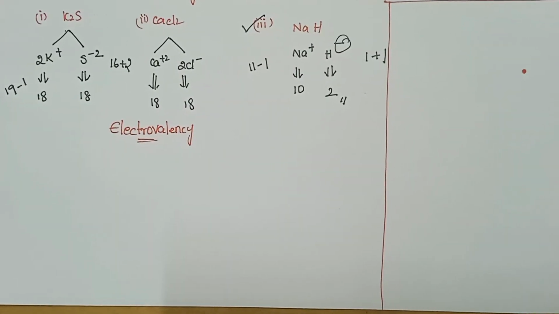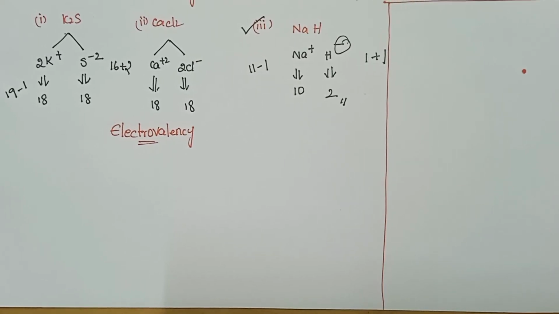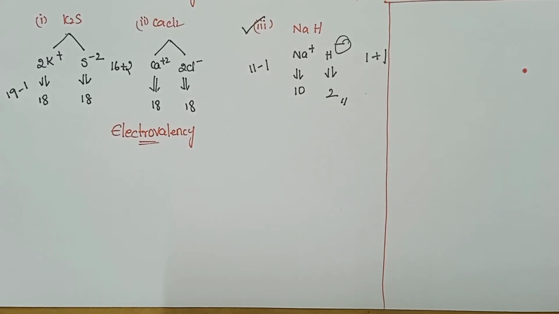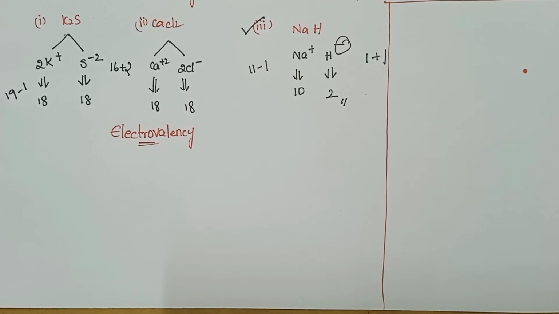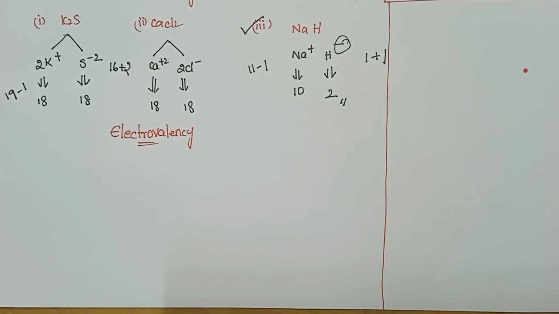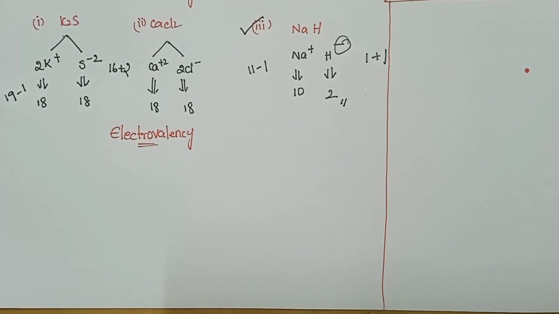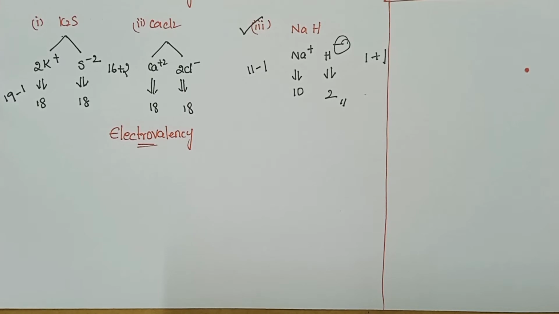The next topic, electrovalency. So what is electrovalency? Number of ionic bonds formed by any ion is known as its electrovalency. Okay, number of ionic bonds formed by any ion is known as its electrovalency.